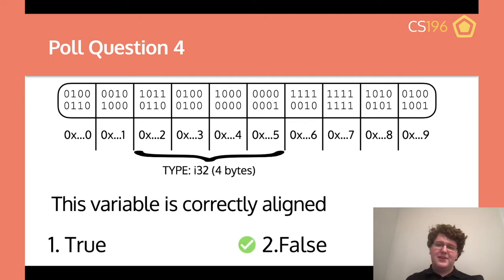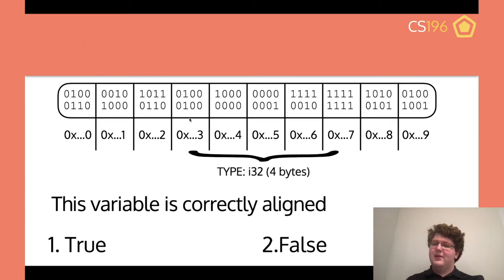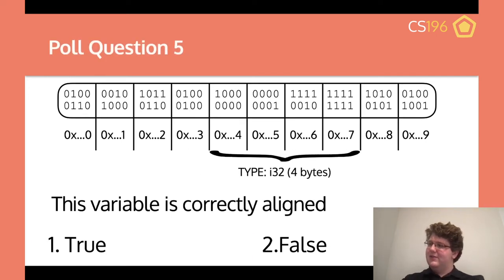Okay, so everyone got this correct. It's false, and that's because 4 bytes are not divisible by 2, so everyone's correct. It is not correctly aligned. What about now? Let me create the next poll.